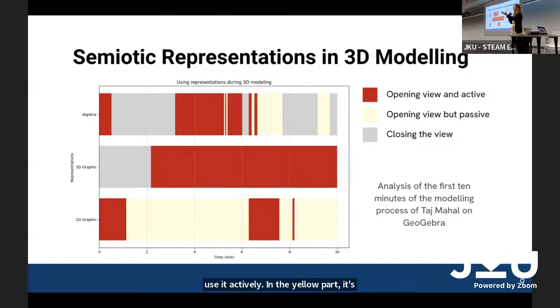We can only see the view. In the gray part, he closed the view completely and there is nothing in that part. All of the modeling took approximately 10 hours. Since it does not fit to present the entire modeling process, we only focus on and analyze the first 10 minutes for this presentation.